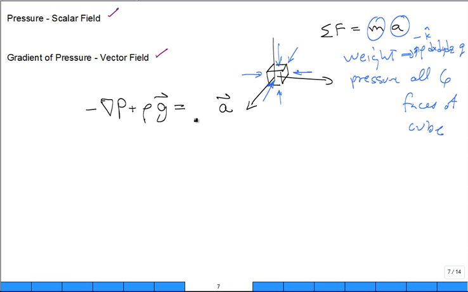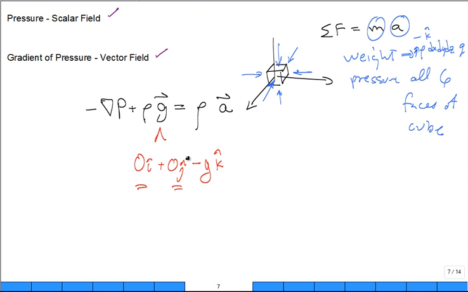I'm used to writing F equals ma. Now this g as a vector is 0 in the i plus 0 in the j minus g in the k. And so that's what they do, they don't put that part of the gravitational vector in there.